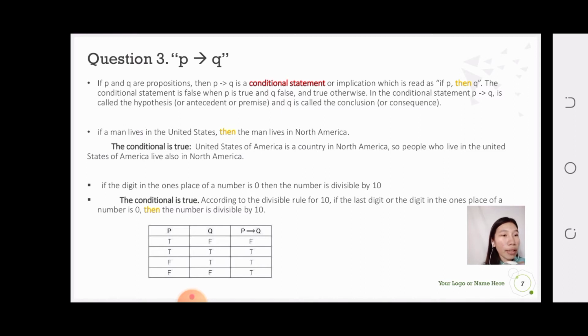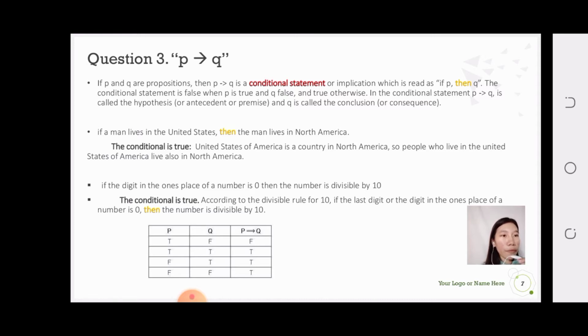The conditional is true. Why? United States of America is a country in North America. So people who live in the United States of America live also in North America. And then the next: if the digit in the ones place of a number is 0, then the number is divisible by 10.